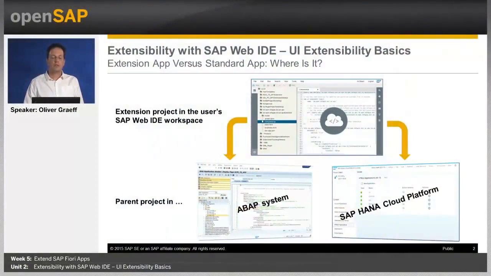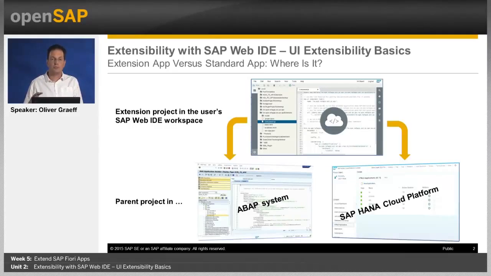And for me, it's always helpful to keep in mind where things are physically stored. So for example, in the extensibility scenario, you have the parent project, that is the standard original SAP application. You have that stored, for example, either in the ABAP system or on SAP HANA Cloud Platform.